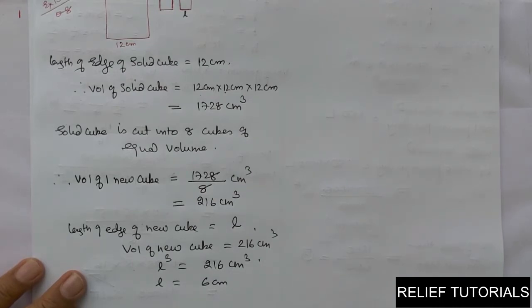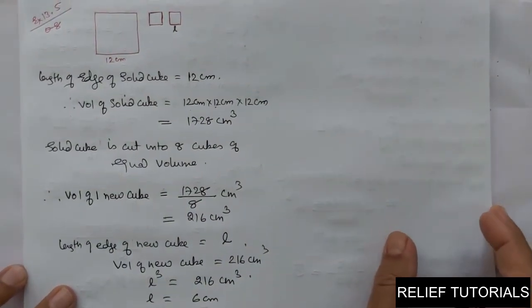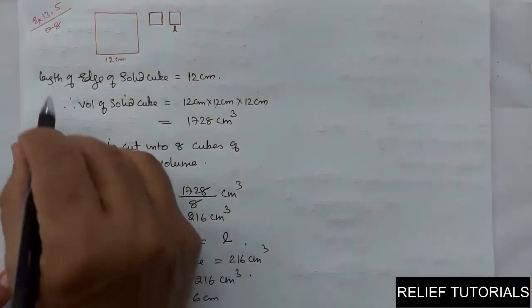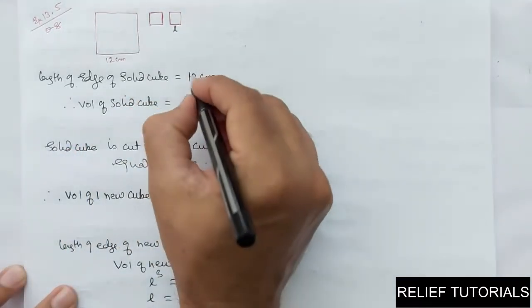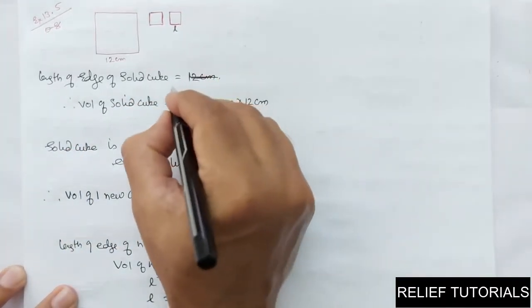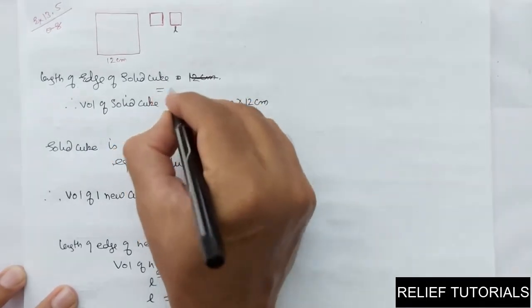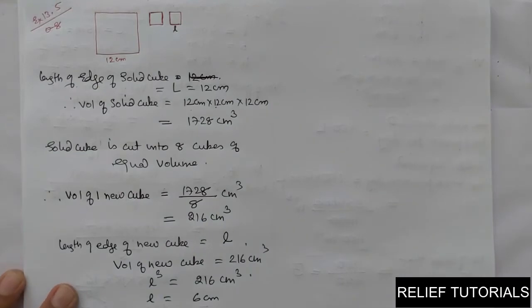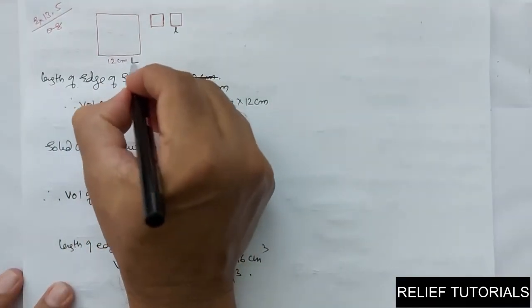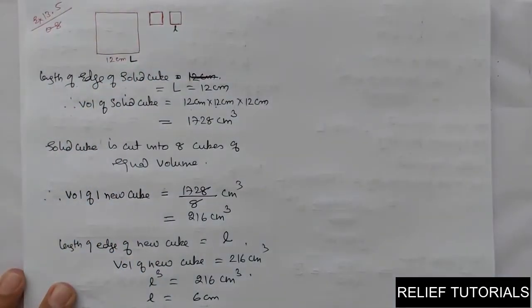And also you want to find the ratio between the surface areas. So we will find the surface area of the solid cube upon the surface area of the new cube. Here we can suppose the length of edge of the solid cube is capital L, which is 12 cm. So here we will take this as capital L and this as small l.